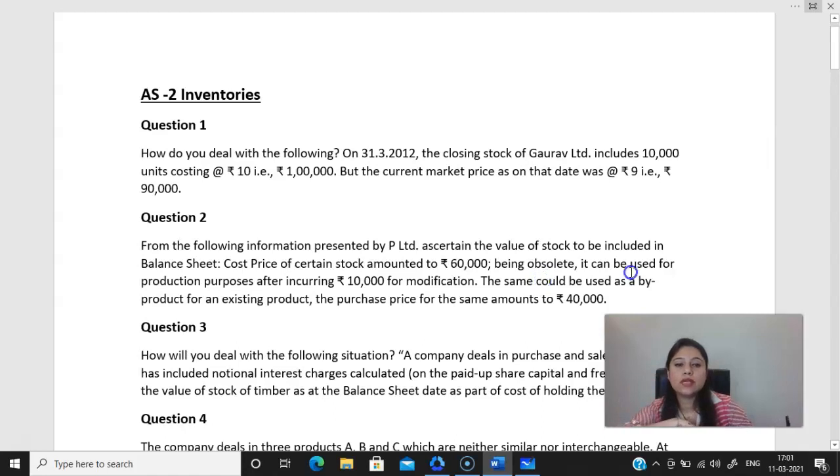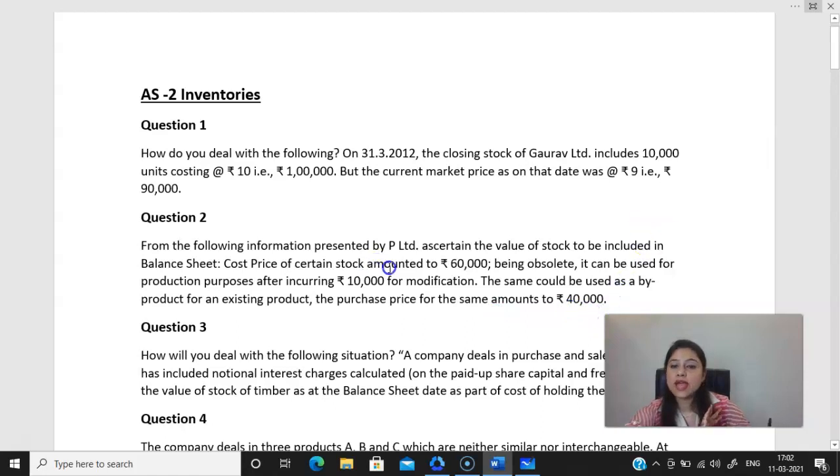So here another use of such stock has been ascertained, where it has been said that since such stock has become obsolete, it can be used for the production purposes after incurring rupees 10,000 for modification. Then the same could be used as a byproduct for an existing product, and the purchase price for the same amounts to rupees 40,000.